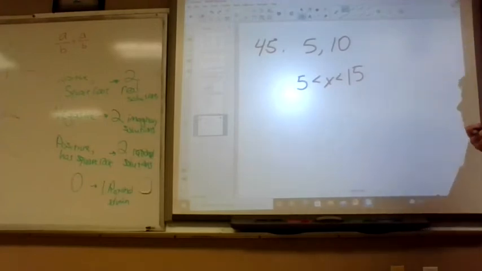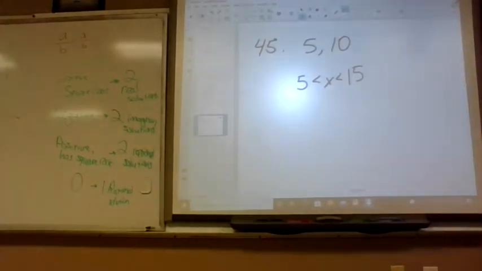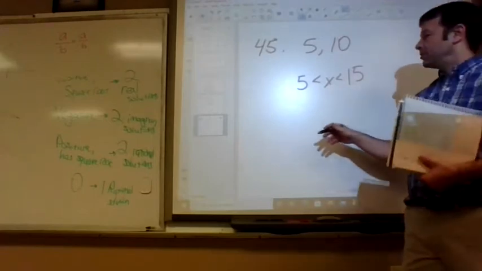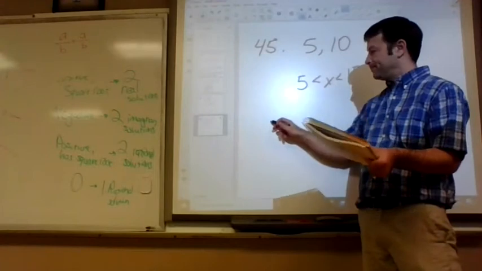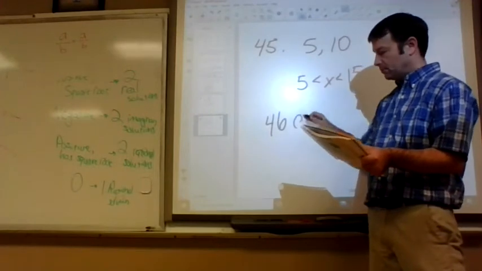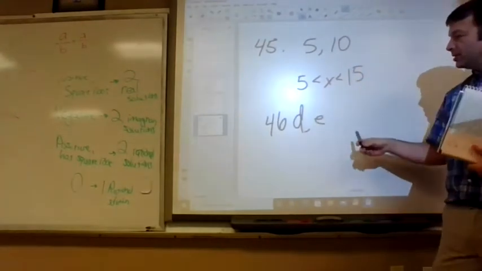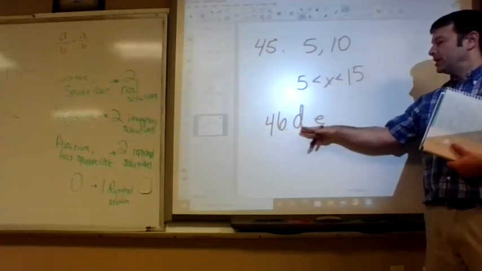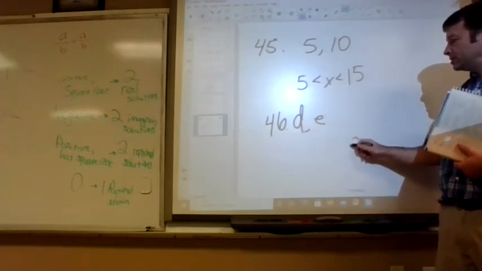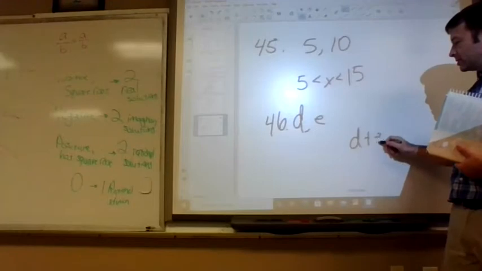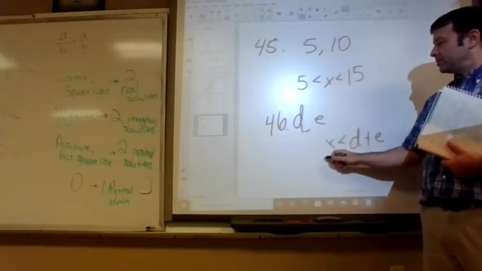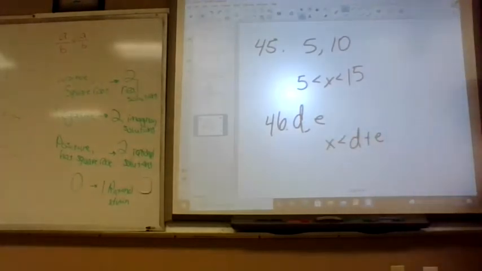Okay, we did one of these on the homework. So you do the same thing with D and E. It can be bigger than D. What would the upper limit be? D plus E. X would have to be smaller than that. But it can't be... What would the lower limit be?